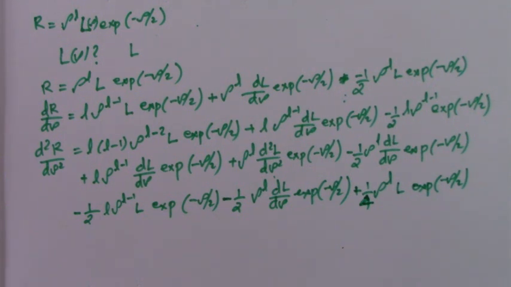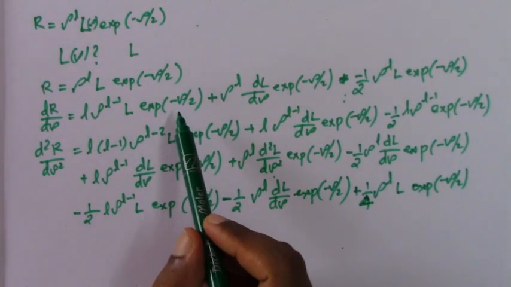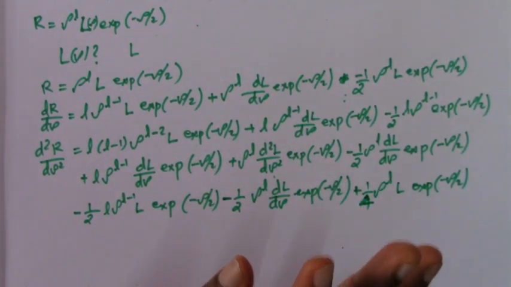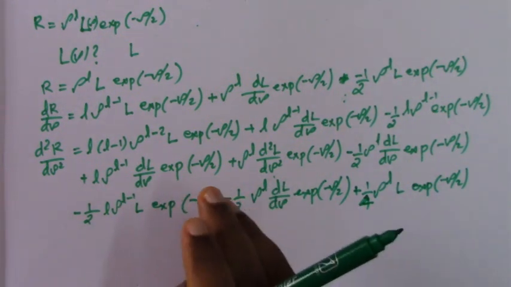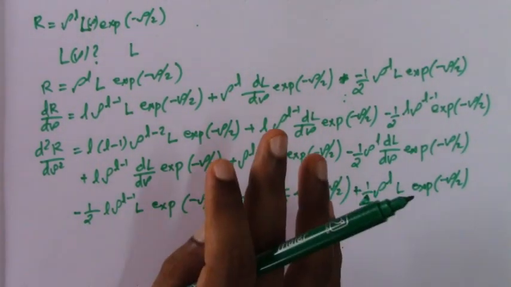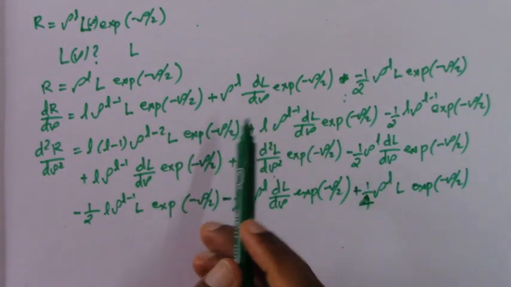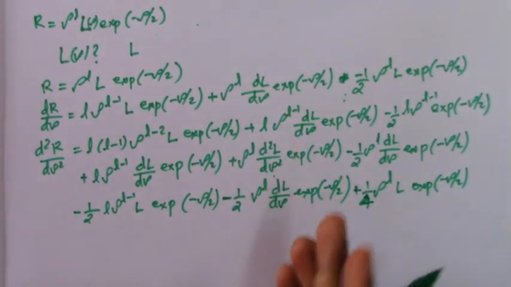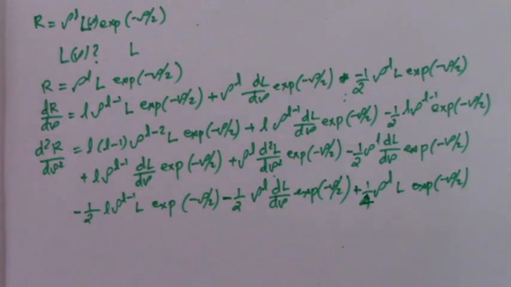Now we have to again simplify this one. In order to simplify this one, we can see that there is an exponential minus rho by 2 in all the 9 terms. That is a common factor that we will write at the end. Then what we are going to do is collect the terms with d square L by d rho square together, dL by d rho together, and L together.